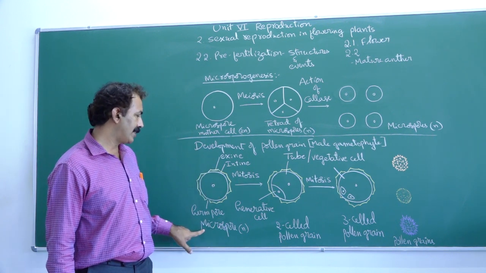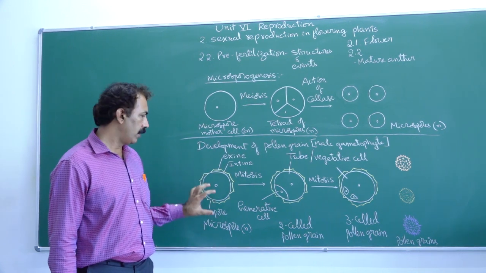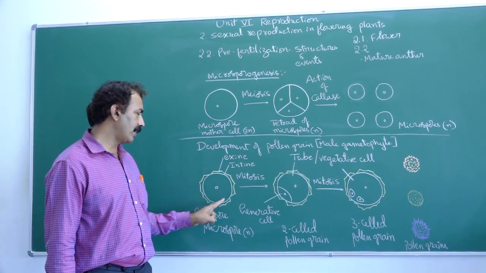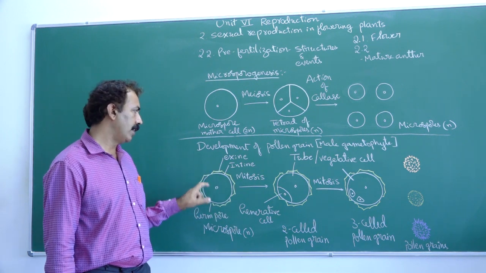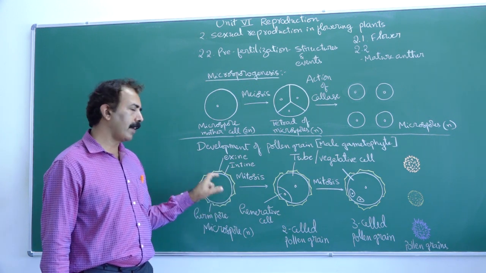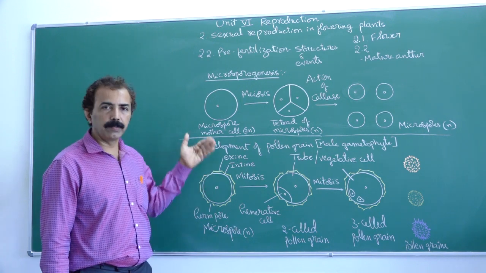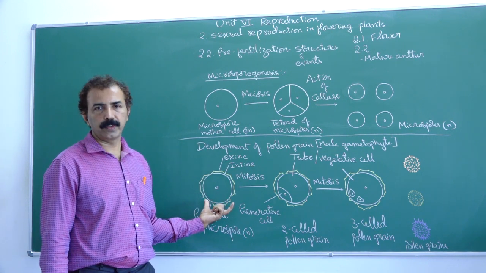So this is the starting material for our understanding of development of pollen grain. It's a haploid cell called microspore. It has two wall layers, inner continuous intine, outer discontinuous exine. Exine leaves behind gaps called germ pores. This is an imaginary diagram. I have taken a sectional view of a microspore.